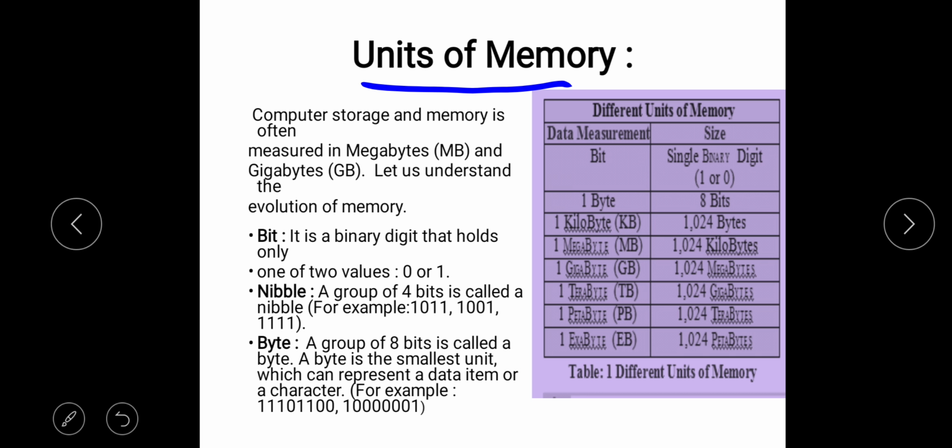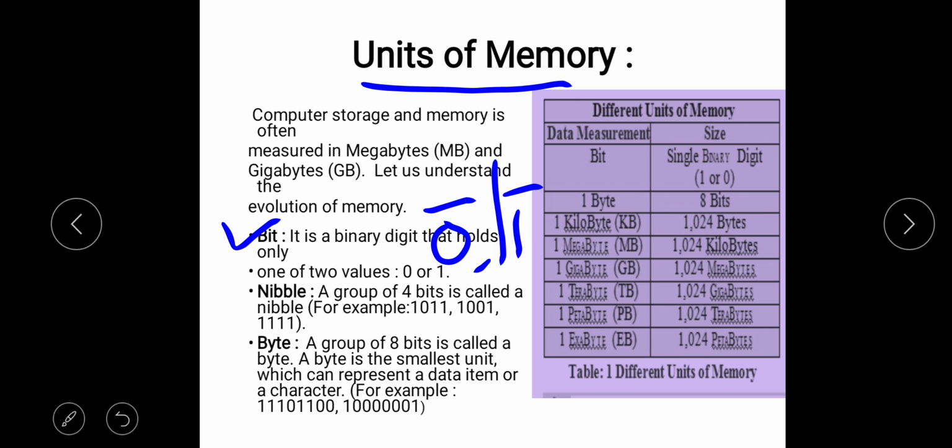First, we are using the bit. It is a binary digit that holds only one value. It may be 0 or 1. Only a single value will be accepted by the system. So that is known as a bit. Bit means either 0 or 1.